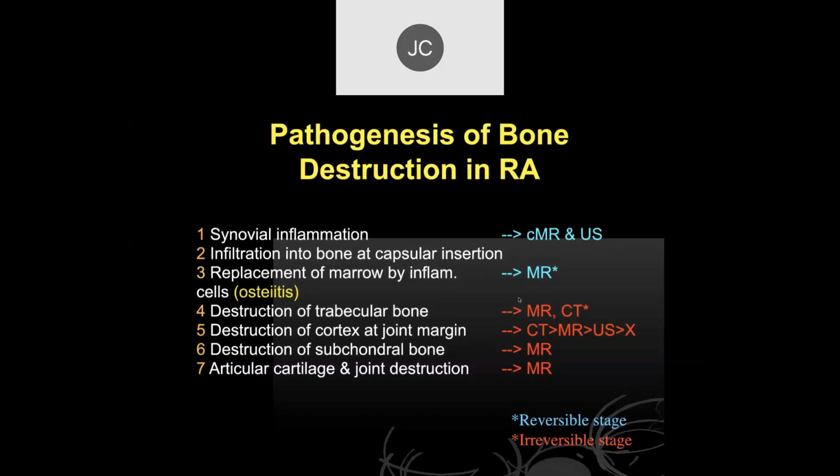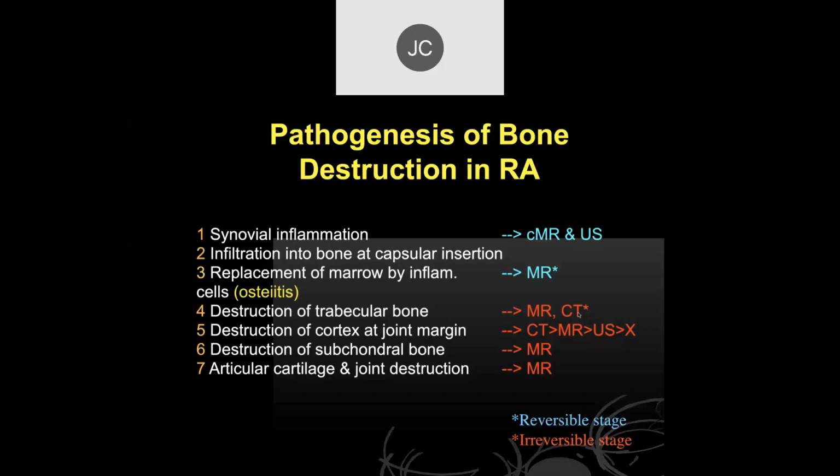MR is really useful for looking at the osteitis phase of the early inflammatory stage before you get bone destruction. Once you get destruction of bone, then you can see the erosions by both MR or CT. Once you have bone destruction that can be seen by CT, that's generally irreversible change. So if you wait till it's CT positive, you've really waited too late to reverse the process.